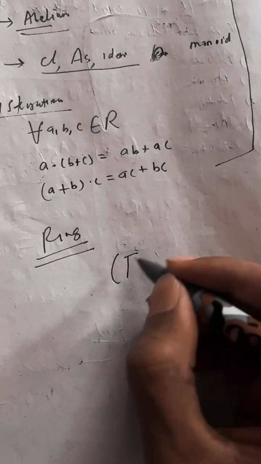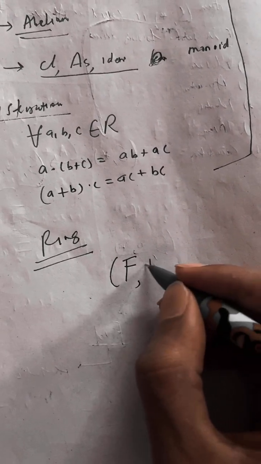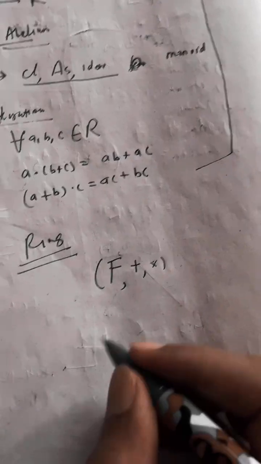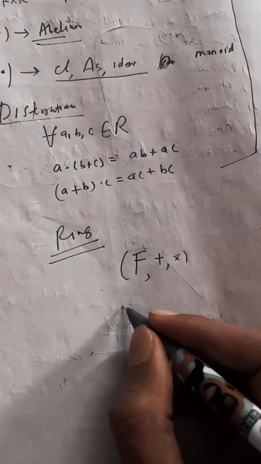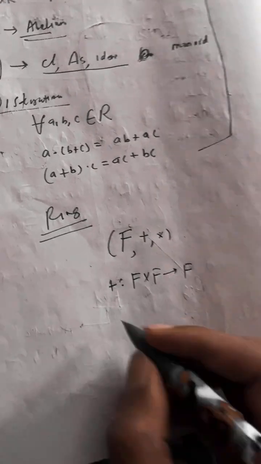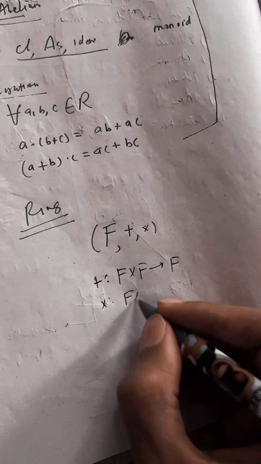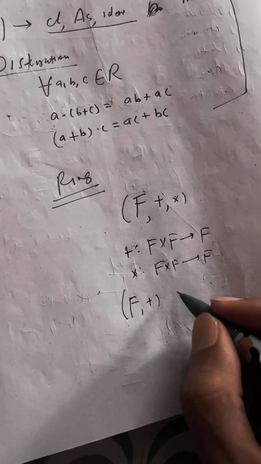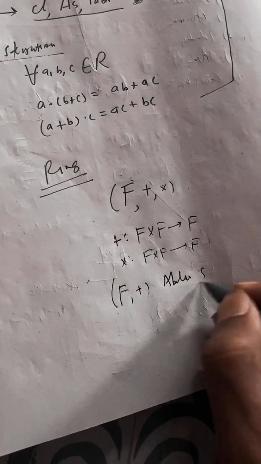A field is some set F with the same operations, addition and multiplication. Addition is F cross F to F. Multiplication is also F cross F to F. Now this F equipped with addition should become an Abelian group.